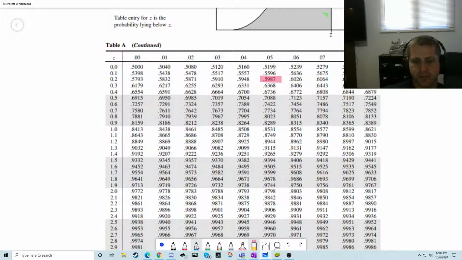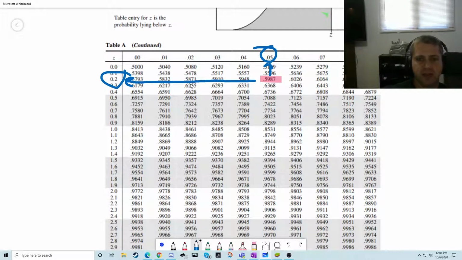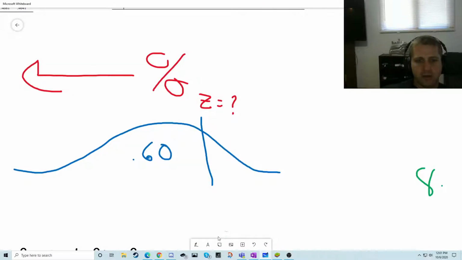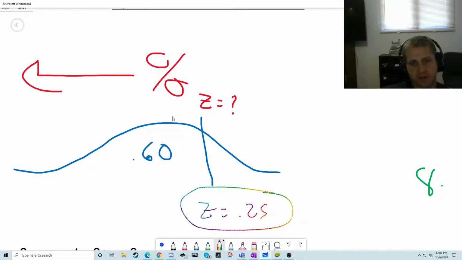It's just a smidge. And then you can just go backward to find the z-score. You backward Battleship to find your z-score. So you start with the middle and you go zoom to the outsides. It's 0.25. So this z-score is 0.25, which makes sense. It's just a little above 0, which is in the middle.